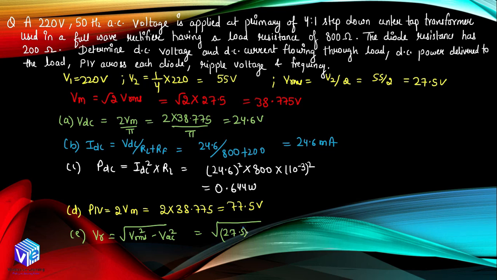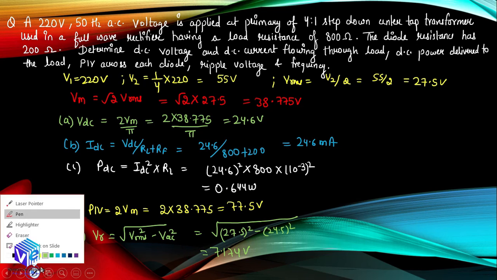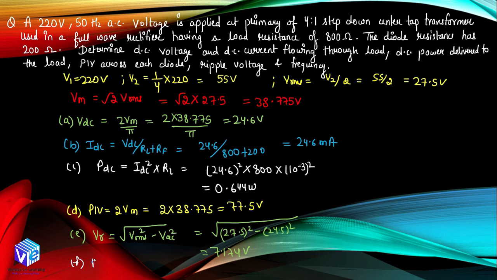So under root of 27.5 square minus 24.5 square, where VAC is 24.5. When you use the calculator, it will come out to be equal to 7.174 volt.